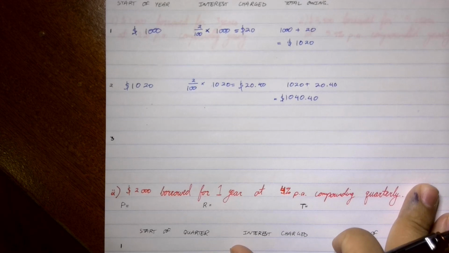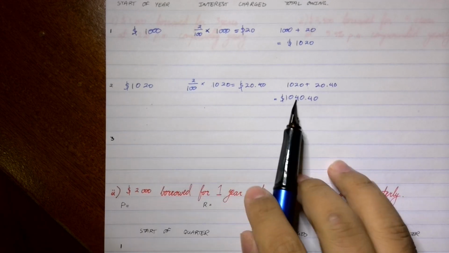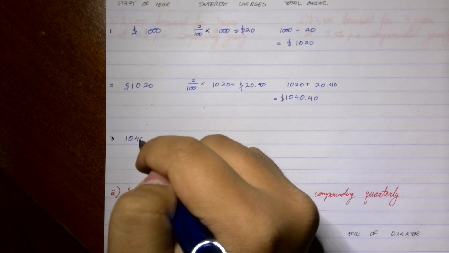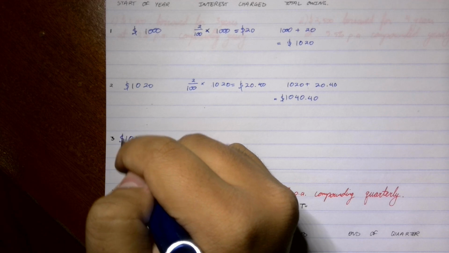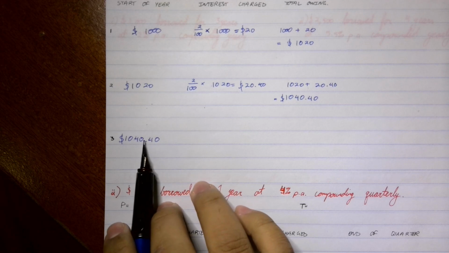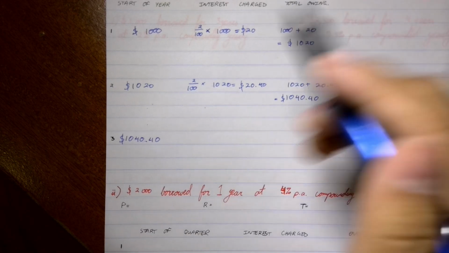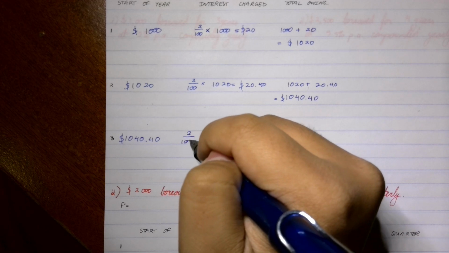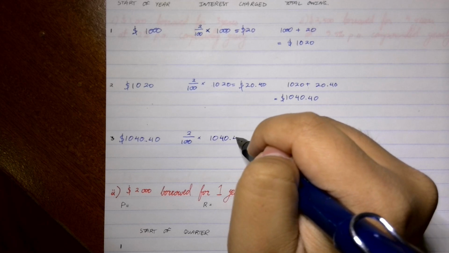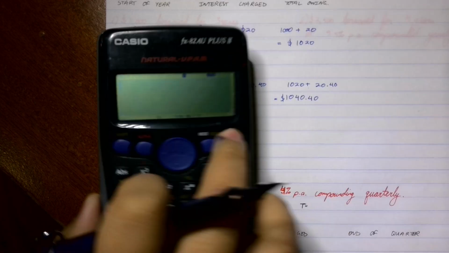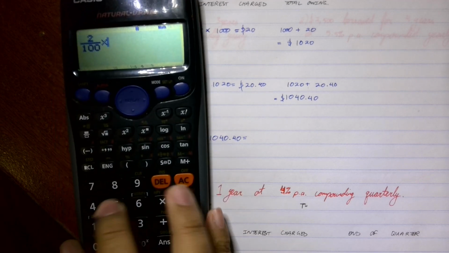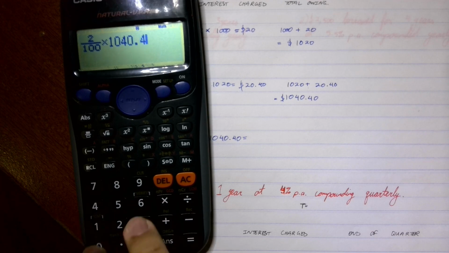Now at the beginning of the next year, we have what we had from the previous year, $1,040.40. And we're going to get interest on this amount, on the current balance. That's going to be 2 over 100 times the current amount, 1040.40.